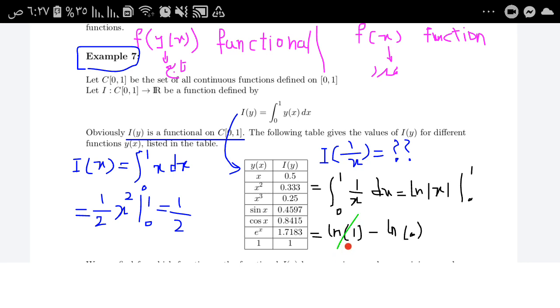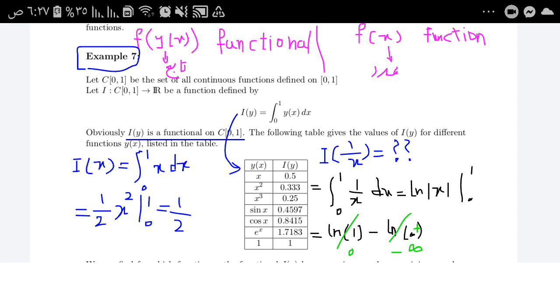What is the value of ln 1? 0. ln 0, but here we have to compute a limit.